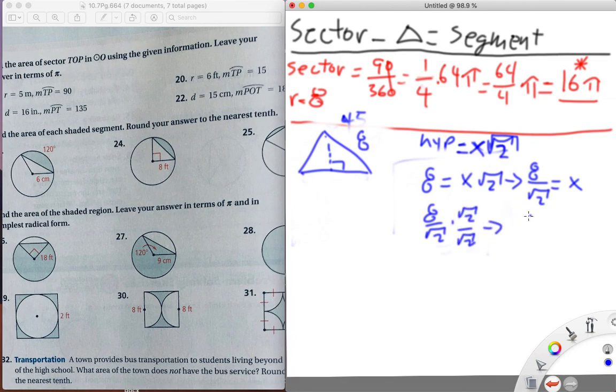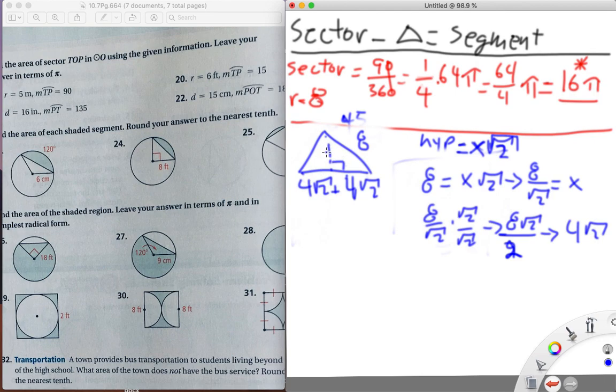That's 8 root 2 over 2, which gives me 4 root 2. So my leg is 4 root 2, so this is 4 root 2. This is also 4 root 2. So I add those two guys together and it's going to give me 8 root 2.